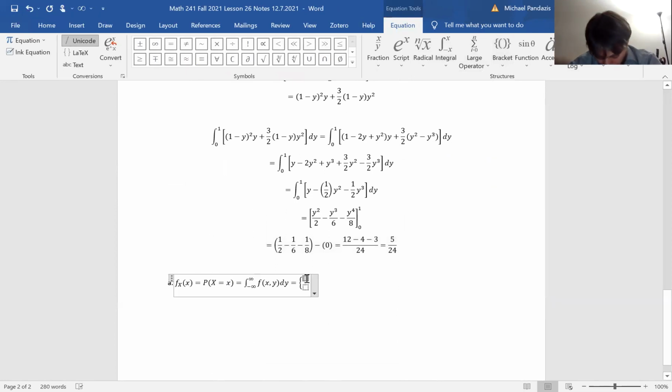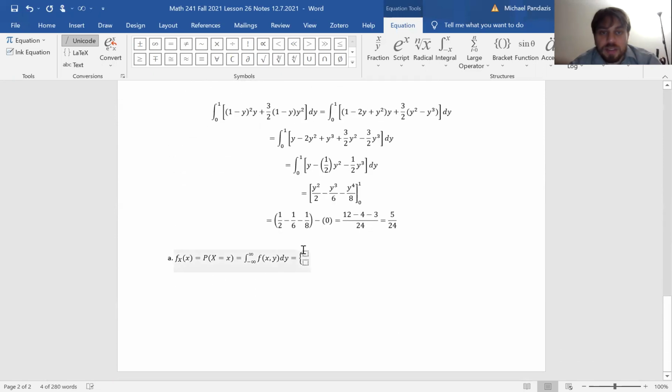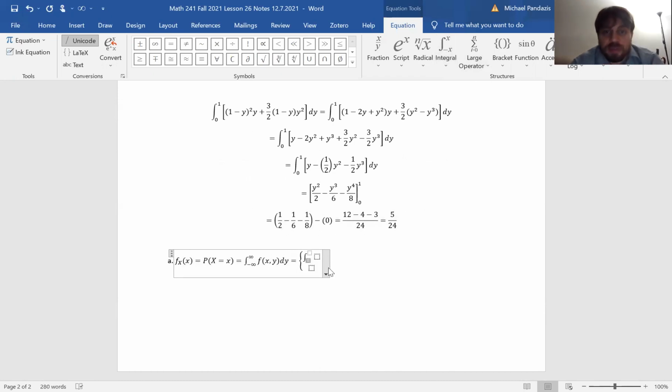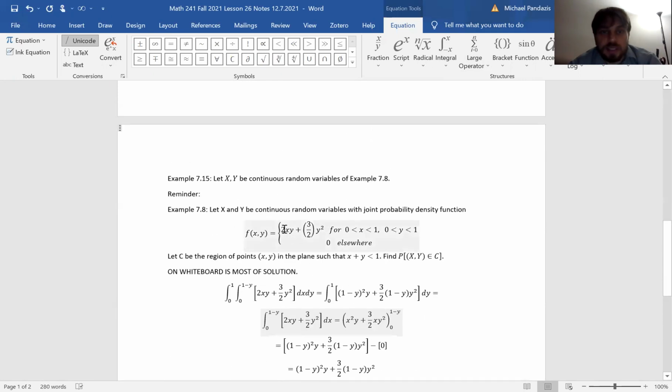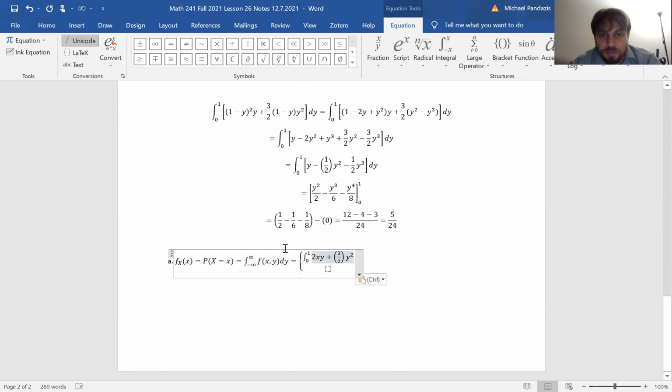When y is between 0 and 1, f is that, and otherwise it's 0. So here we're going to have the integral from 0 to 1 of this expression here, integrating over all possible values of y from 0 to 1. Oh, sorry, we're integrating with respect to y.